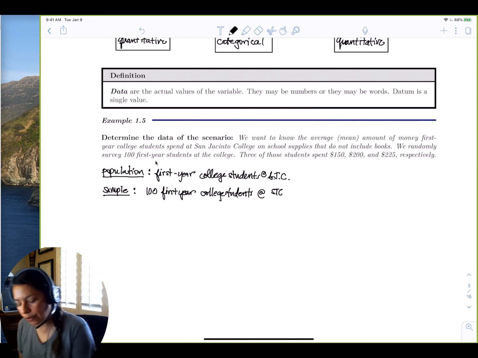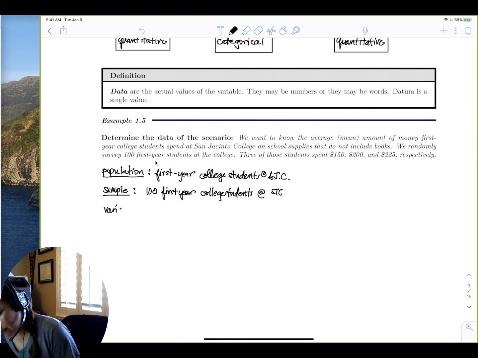Okay, so what's the variable? If we had to define a variable, well, the first thing we would note is that because we're looking at the average mean amount of money, we already know that it's going to be a quantitative variable.